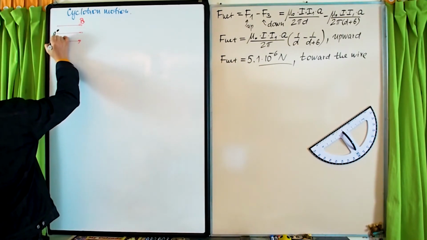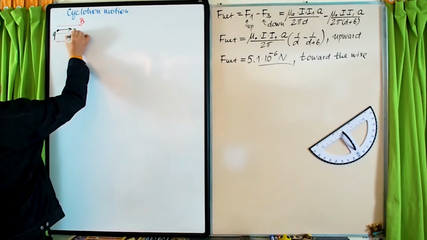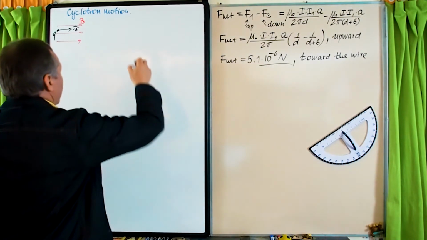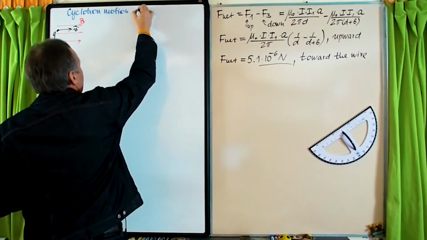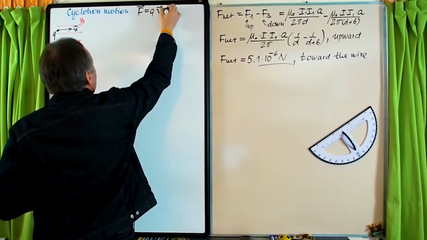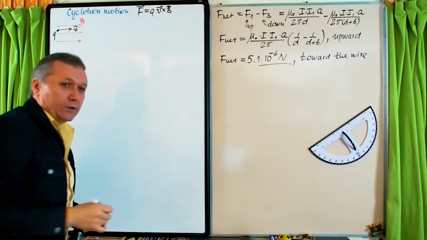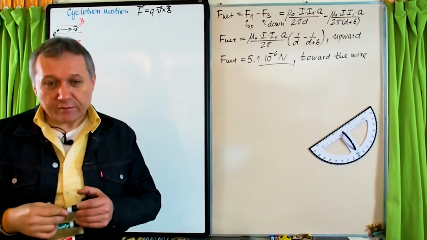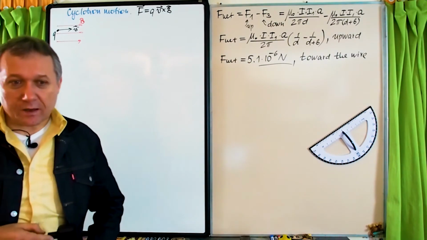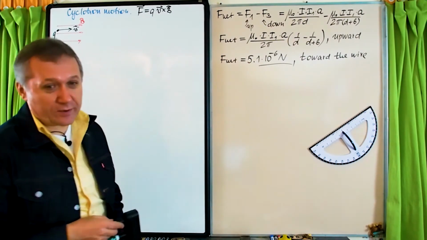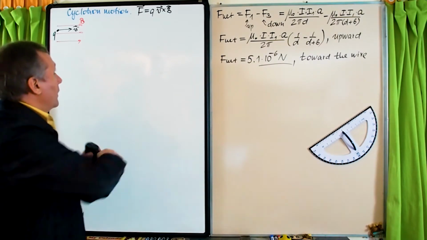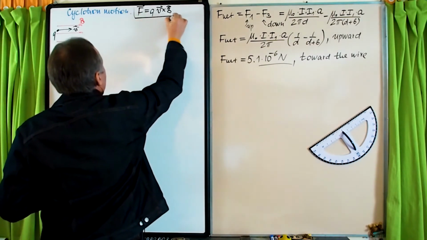Let's say charge Q flies this way with velocity V. Of course, the force we have to use is Q V cross B, the universal, fundamental formula which allows us to calculate the force a charge experiences if it's exposed to a magnetic field. Let me frame it.